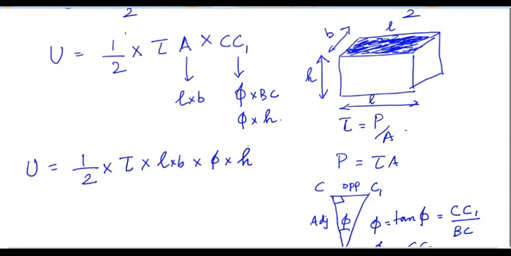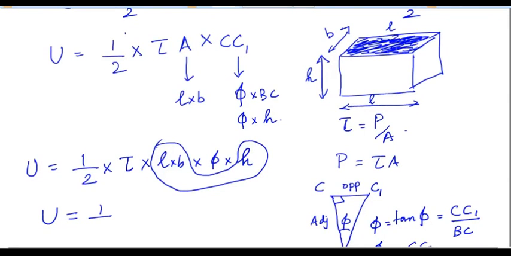This length into breadth into height is the volume of the body. Any doubts? So strain energy is equal to half into stress into phi into volume.